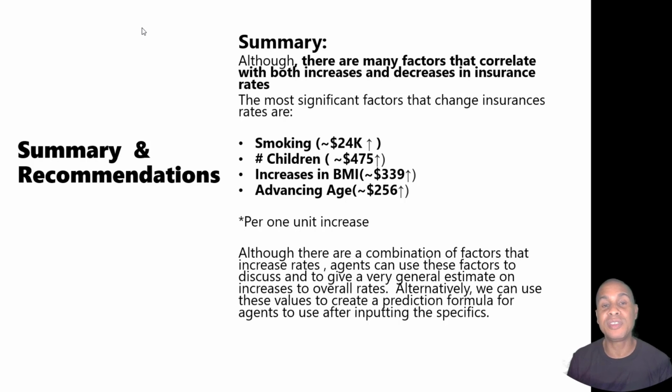We can use these to create a formula to give agents a tool to predict what an insurance rate can be. However, there is a significant error there, so this should be used as a guide.